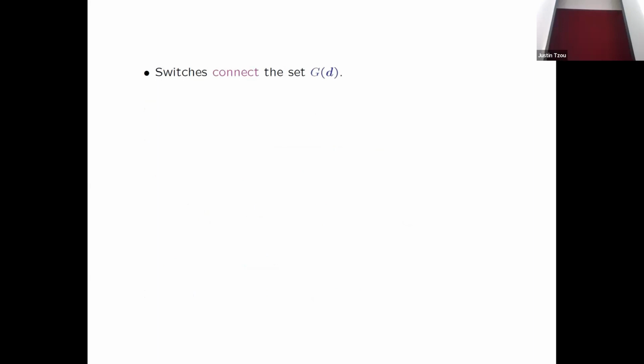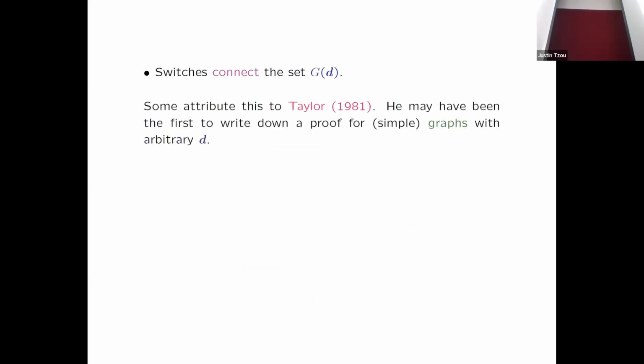First thing we observe is switches connect the state space. You can get from any graph with a given degree sequence to any other using a sequence of switches. Now, last time I talked about this, I said this was due to Taylor, and then one of the people, actually Brendan, sent me an email saying, I don't think so. Taylor was an Australian mathematician, and he may have been the first to write down the proof for simple graphs.